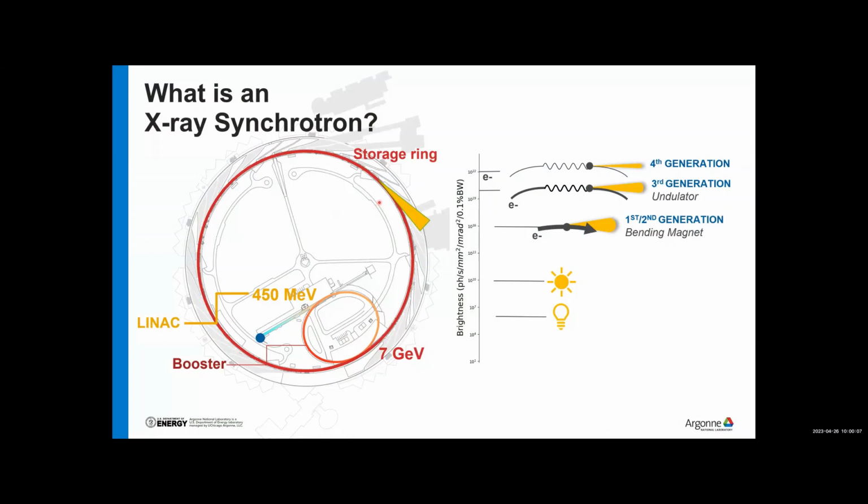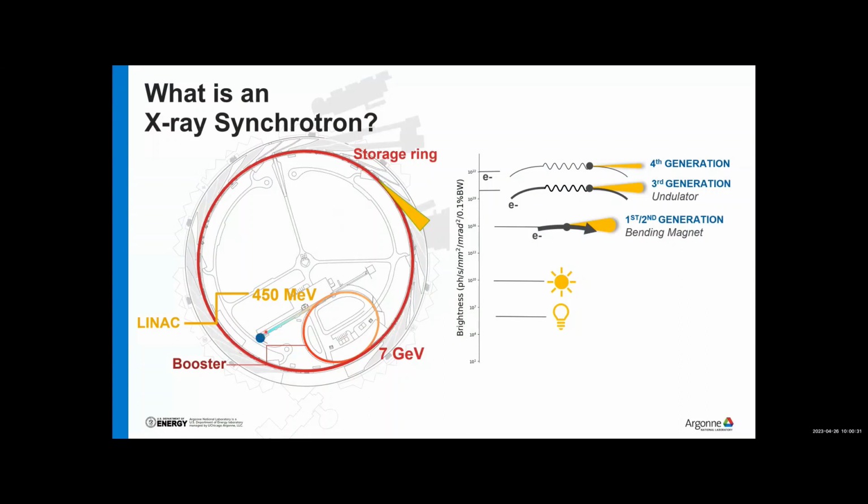So X-ray synchrotrons are quite interesting machines, and the concept is pretty simple. The realization is quite something else. Typically what you do is you start with a beam of electrons, from a thermionic gun that generates a stream of electrons.